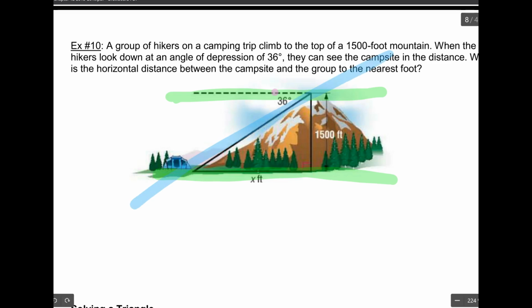This means the angle of 36 degrees here is going to be the same as the angle here, between the ground and the line of sight. So the angle right there is 36 degrees.